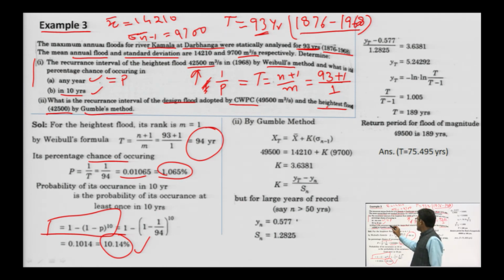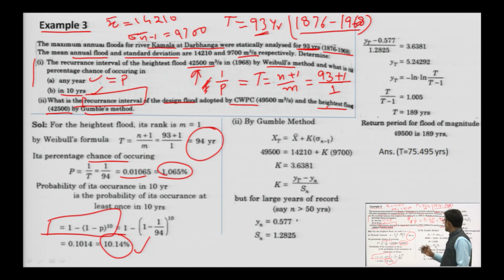The data taken for this discharge is the forecasted data, and this forecasted data represents which return time, that we need to calculate here by Gumbel's method.